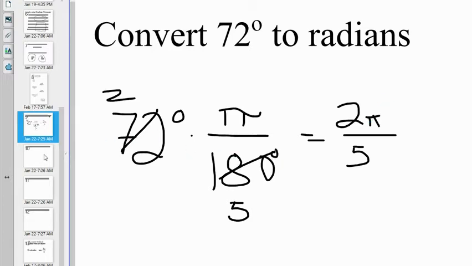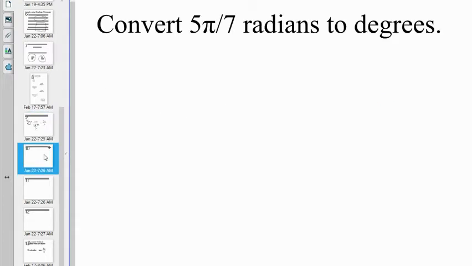That's the conversion. In the other direction, if I've got 5 pi over 7, and I say convert this from radians to degrees, my conversion is that 180 degrees is the same thing as pi. So multiply by 180 over pi.